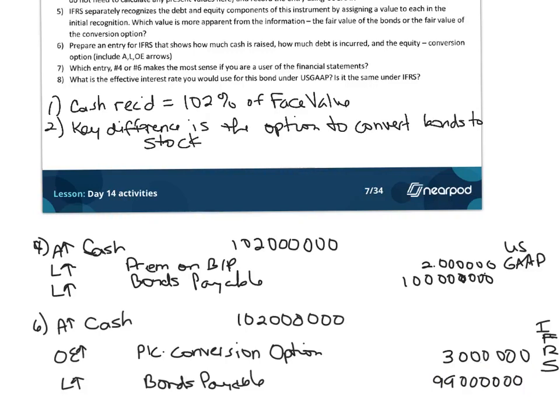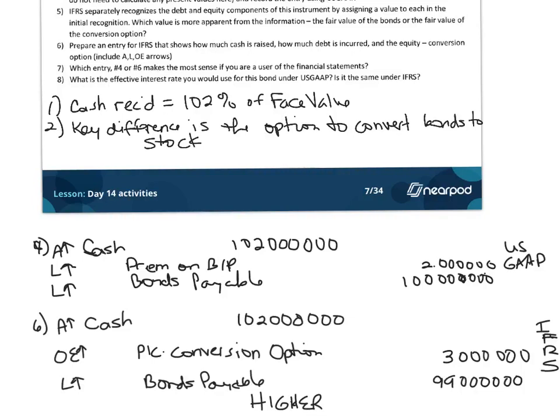Well, you could think back to our class 12, or for the evening class right after the exam, and we talked about pricing those bonds, and we said whenever the bonds are issued at a discount, meaning less than the full face amount, that is an indicator that the market rate is higher than the stated rate.